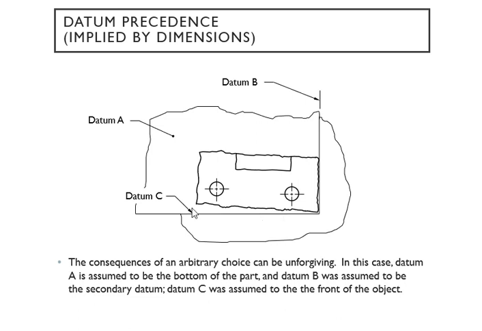So that's how we'll be choosing: the bottom surface is your primary datum A, the side is your secondary datum B, and the front surface is datum C.